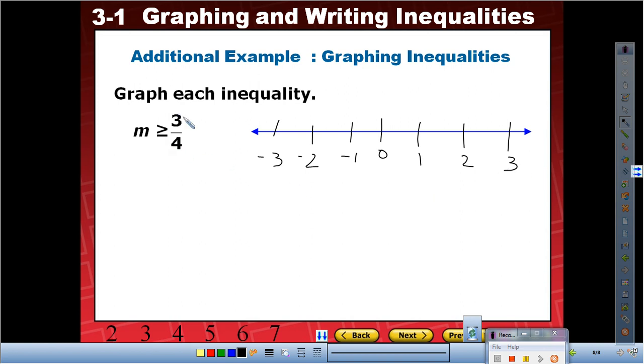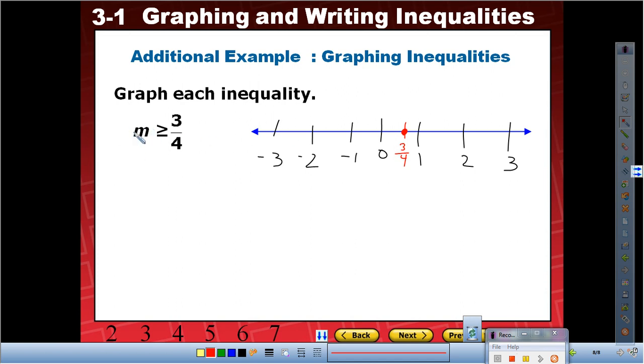So first of all, where's my initial point? At 3/4. 3/4 is about right here. Okay. However, does it have the equal sign? Yes, that means I'm going to plot my point right there. Okay? So now, since I plotted my point there, now I just need to read this.